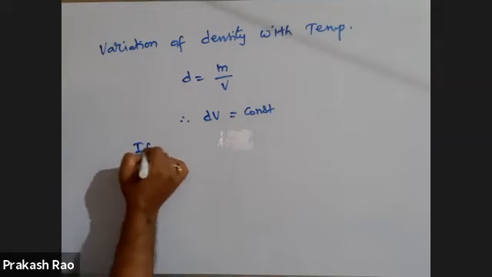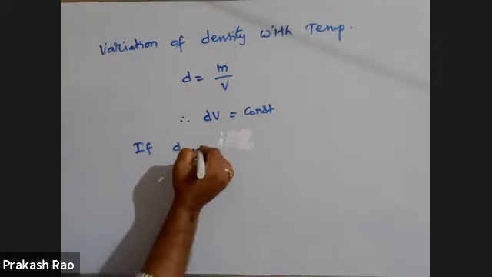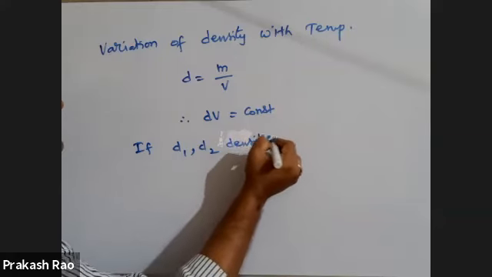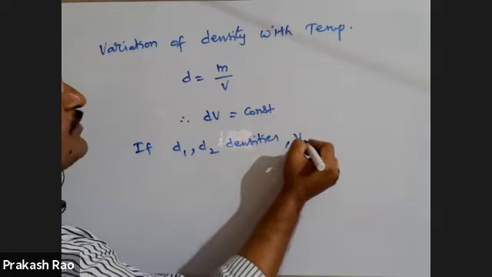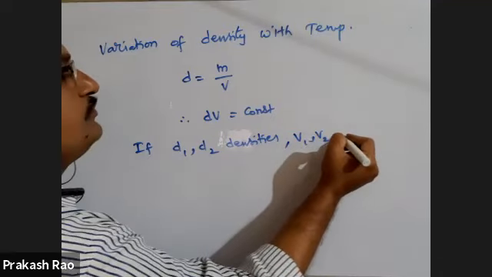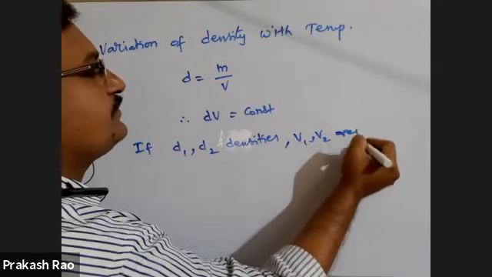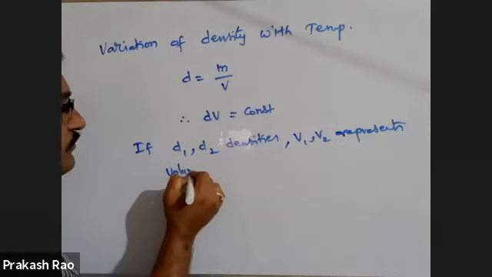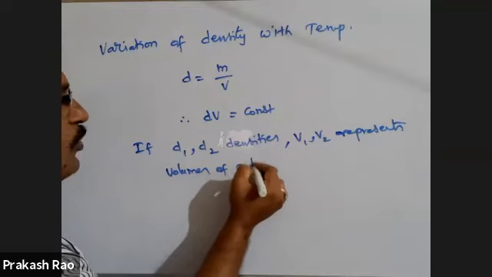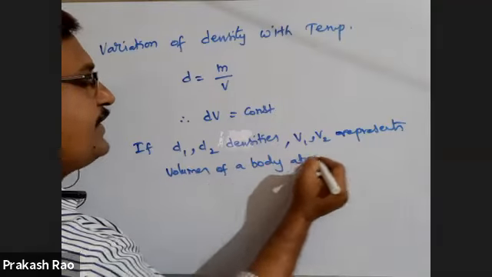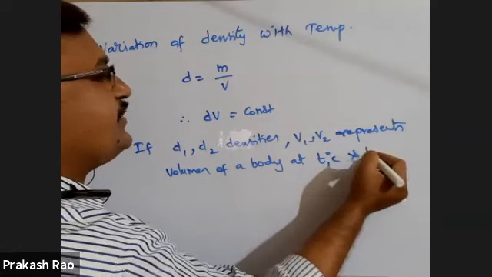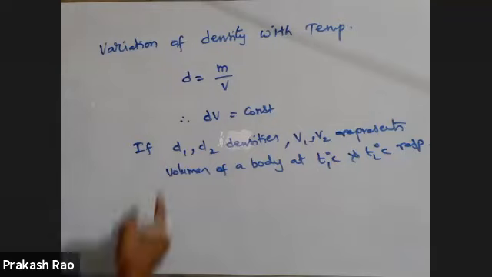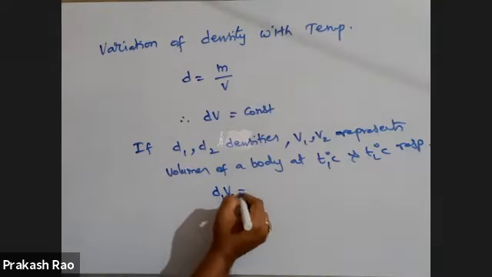If d1, d2 are densities, V1, V2 represent volumes of a body at T1 degree centigrade and T2 degree centigrade respectively, then I can write d1 V1 is equal to d2 V2.